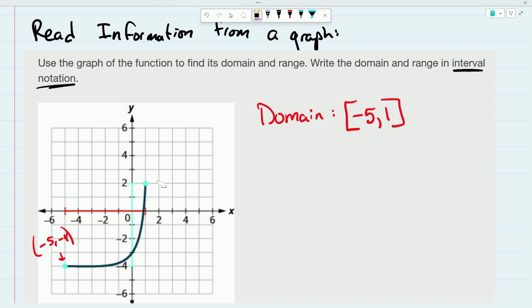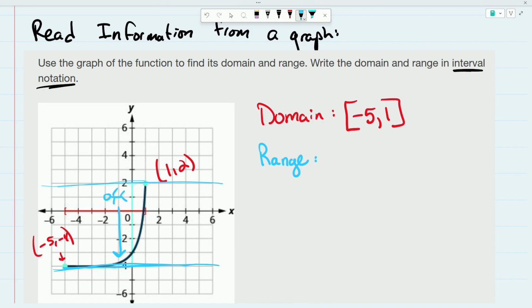Now for our range, and I'll write this in blue. So our range, now we're walking on this y-axis. So how low can I go? Well, the lowest ordered pair is going to be -5, comma, -4. That's the lowest. Because remember, this is like the bottom of your function and this is like the top.